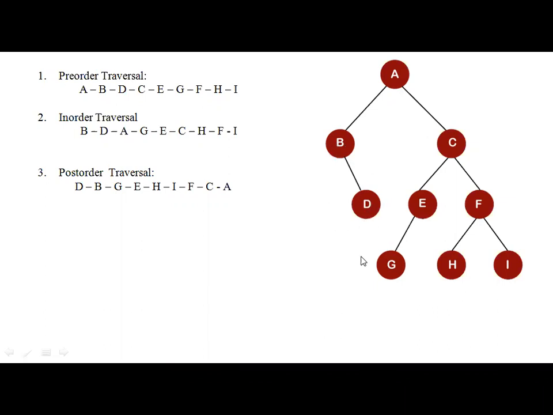Then next D comes here. Then next A comes. Then next G comes. Then next E comes. Then next C. Then next H, then F, I. That's it. Same projections.